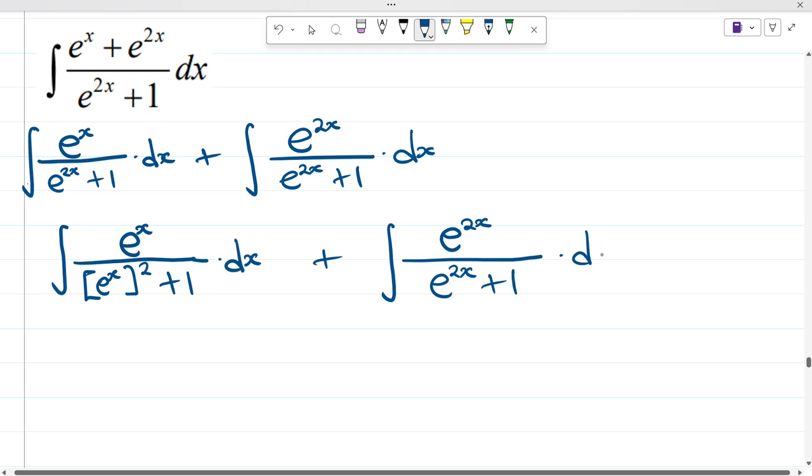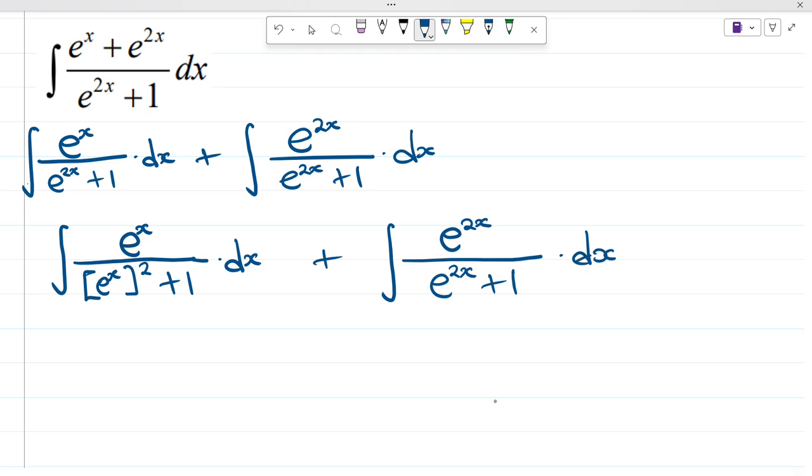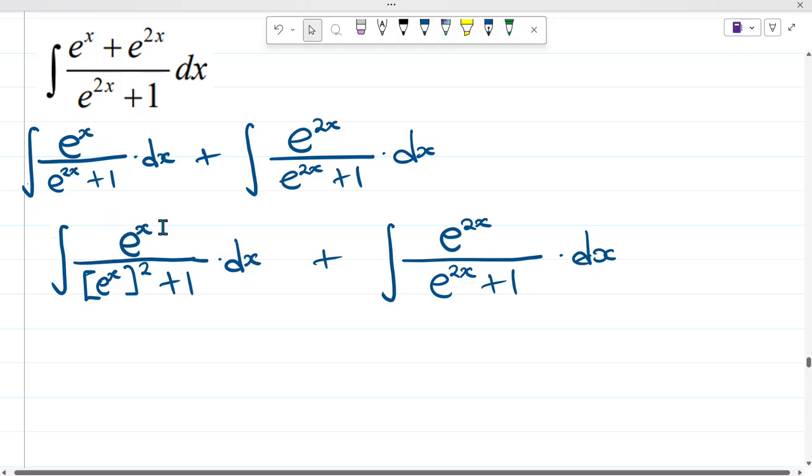Okay, so what are we supposed to do here? Let's start with this one before we can discuss the other one. We can see that this one is going to be the one for tan, because we have f of x squared plus 1, and also if we let e to the power x be our f of x, then the numerator here is the derivative of e to the power x.